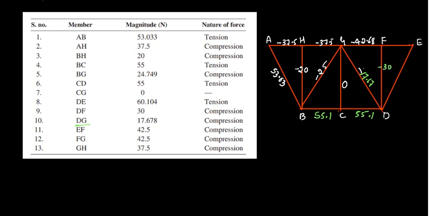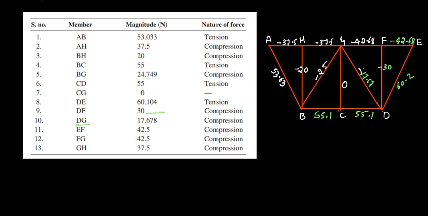Just observe that FD is 30 compression, therefore I am writing the minus, and this is 60.2, and the remaining, minus FA lastly, that is 42.68.